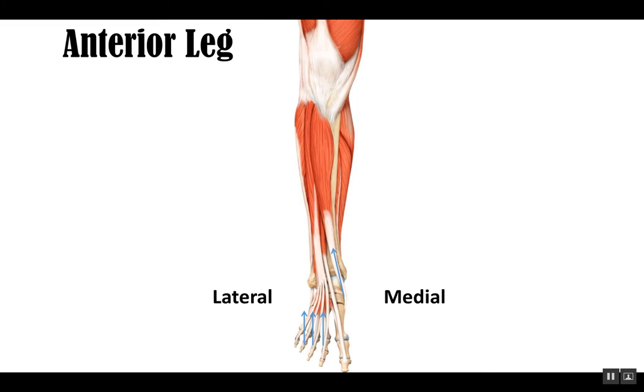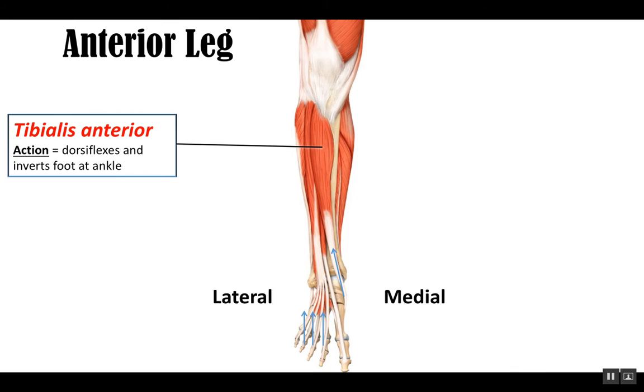Below the knee is your leg. So this is an anterior view of the leg. We're going to learn that there's a muscle in front of the tibia. It's known as the tibialis anterior. There's also one behind the tibia, tibialis posterior. But the tibialis anterior is going to dorsiflex and invert your foot.